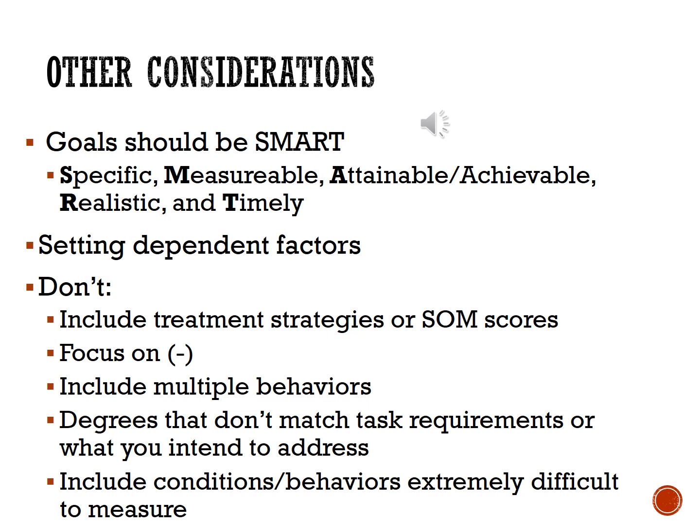If you think about the complexity of combining behaviors and then trying to make some judgment as to whether or not the patient completed that, it may be difficult to show progress if they're not meeting all of the behaviors. For example, say an outcome is written that the patient needs to transfer from a seated to a standing position, walk a certain distance, turn around and come and sit back down.